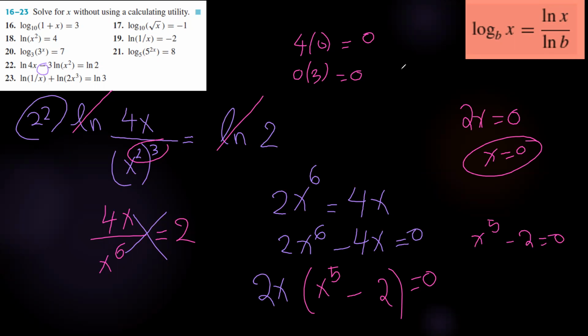And for x to the power 5 minus 2, x to the power 5 is 2, so x will be the fifth root of 2. Let's find it here by the calculator, which is 1.14. So here we have two values for x: x is 1.14 and x is 0.